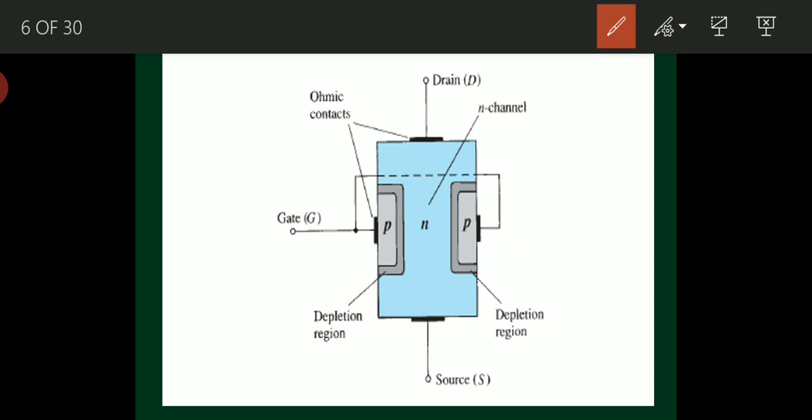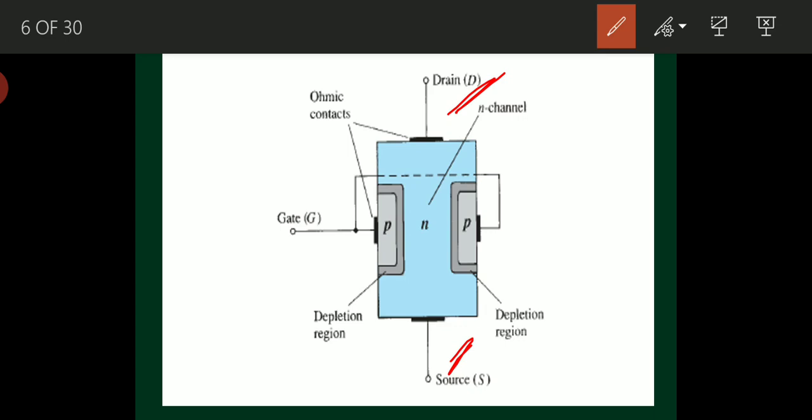Okay, and here is the longitudinal cut section of FET, right? The top of the N-type semiconductor substrate is connected to an ohmic contact, you can see here, and it is referred to as drain, whereas the lower end is connected to another semiconductor ohmic contact, we can call it source.